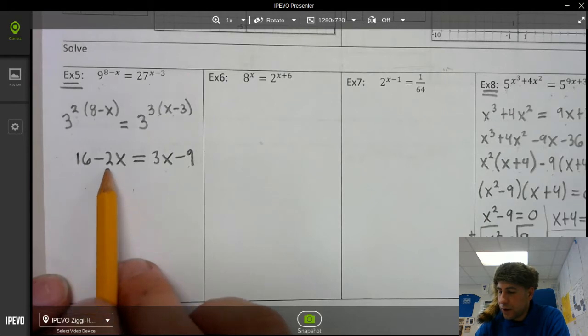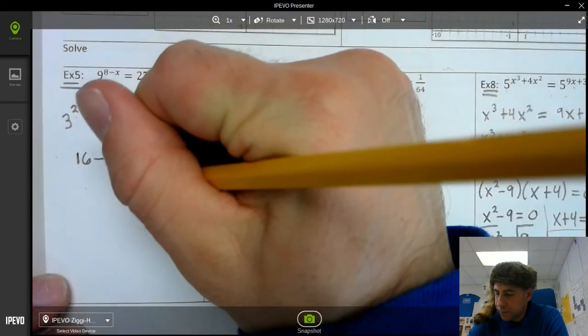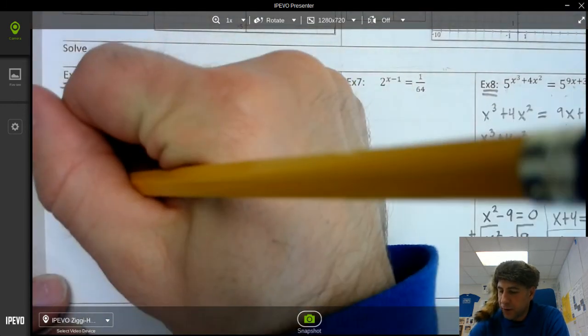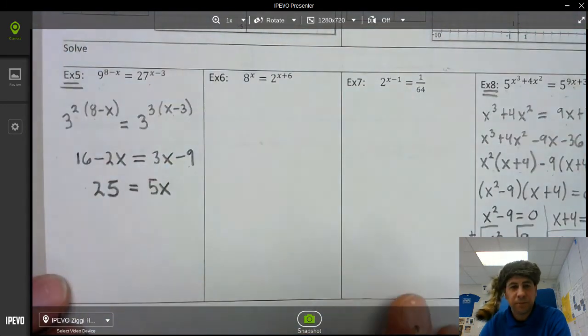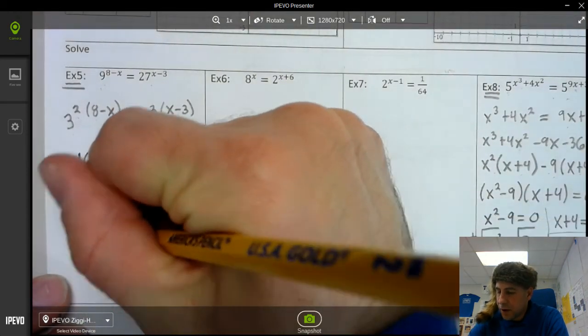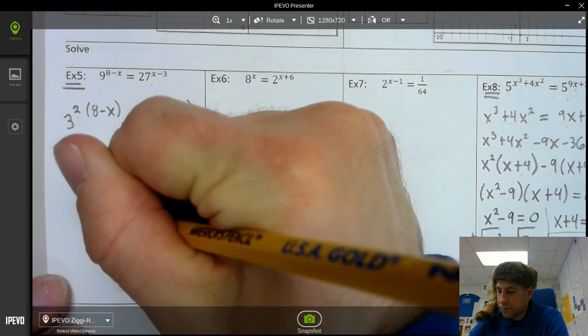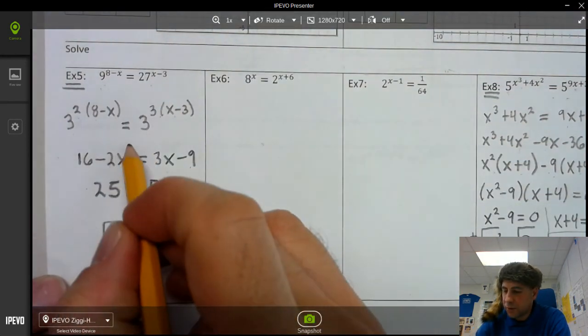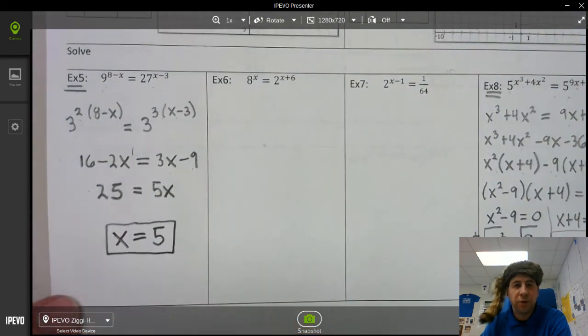When I add 2x, I get 5x. If I add 9 to both sides, I get 25. So then divide both sides by 5, x equals 5. And our highest power of exponents is 1, so we know we have one solution, so we know we're done.